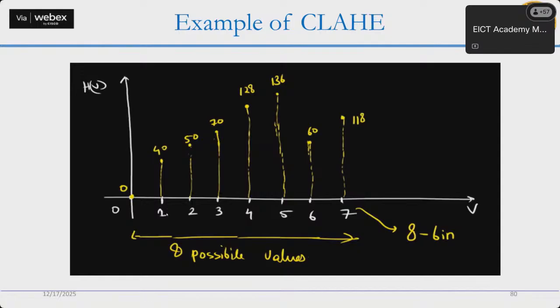For example, with 3 bits there are 8 levels, levels 0 to 7. On the y-axis is the count: 40, 50, 70, 128, 136, 60, 118. This is basically the count.